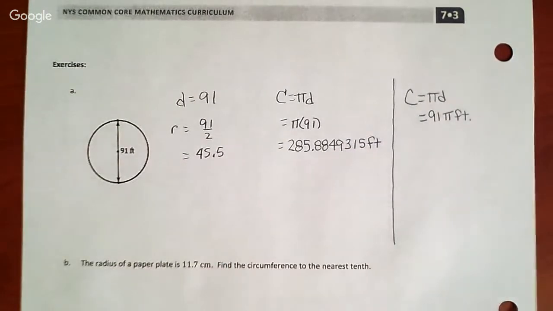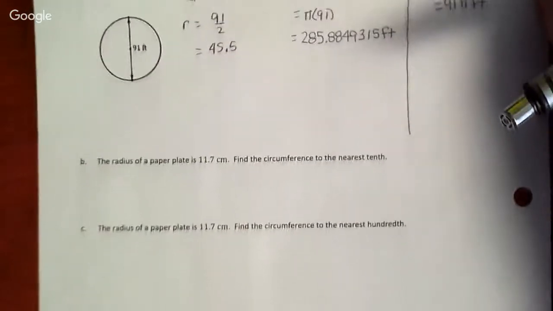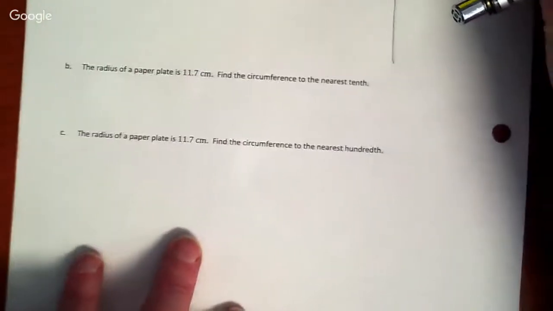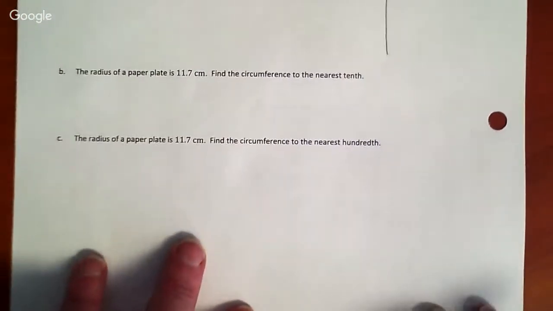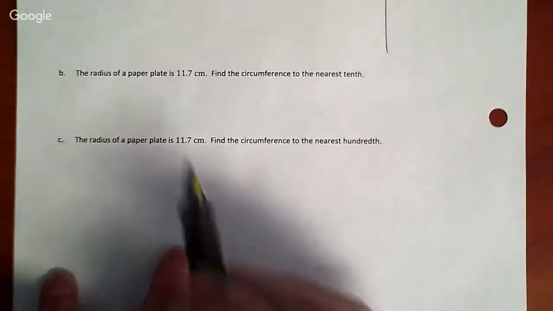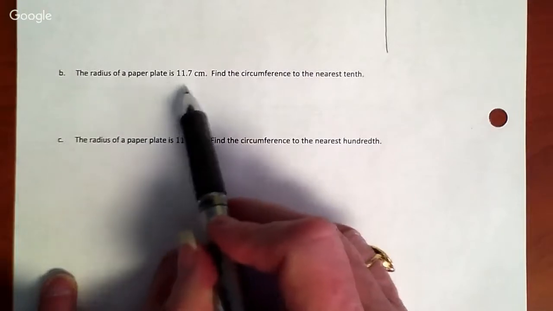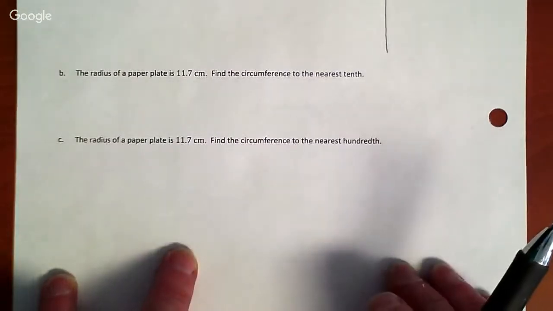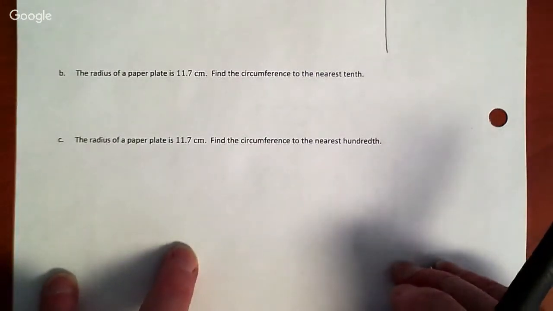Now the next two questions are going to be word problems, which we'll see quite a bit of. It says the radius of a paper plate is 11.7 centimeters. Find the circumference to the nearest tenth.